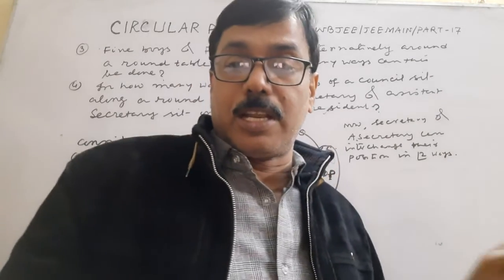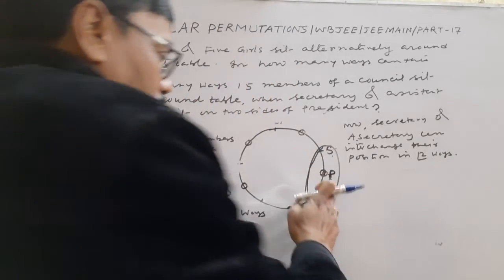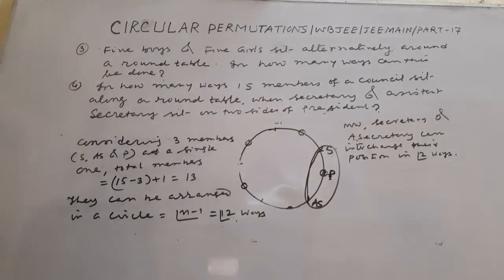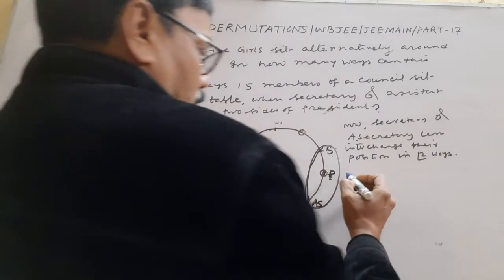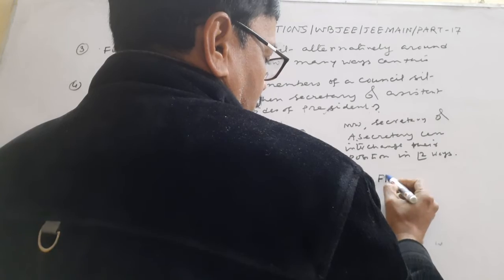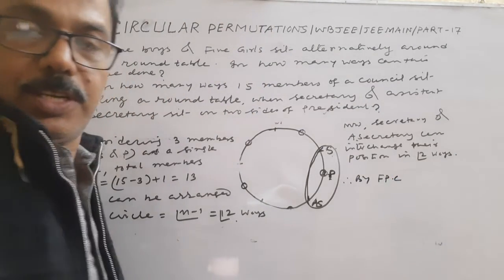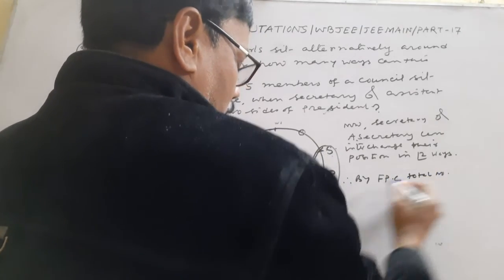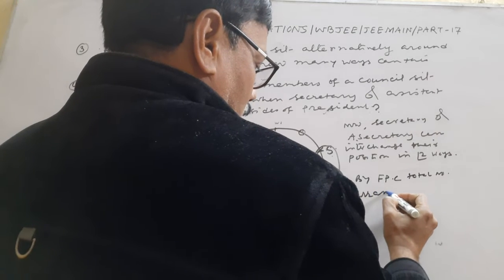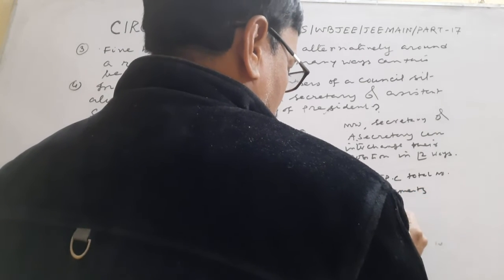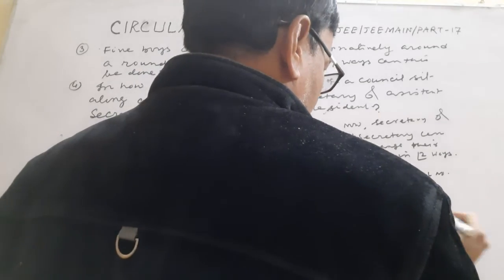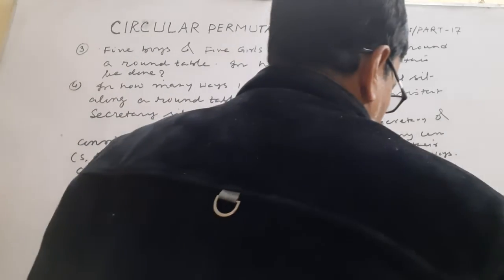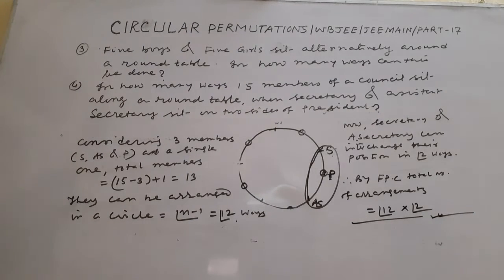So you do not write that they can be arranged in factorial 3. P is fixed, so these two positions can be interchanged. Therefore, by APC, total number of arrangements is factorial 12 into factorial 2. So this will be our final answer: factorial 12 into factorial 2.